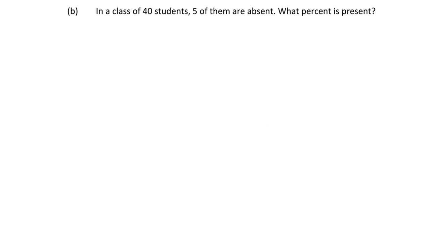For part B, in a class of 40 students, 5 of them are absent. What percentage is present? For this one, first let us find the number of students who are present. So we are going to take 40 minus 5, of which solving this we are having 35 students.